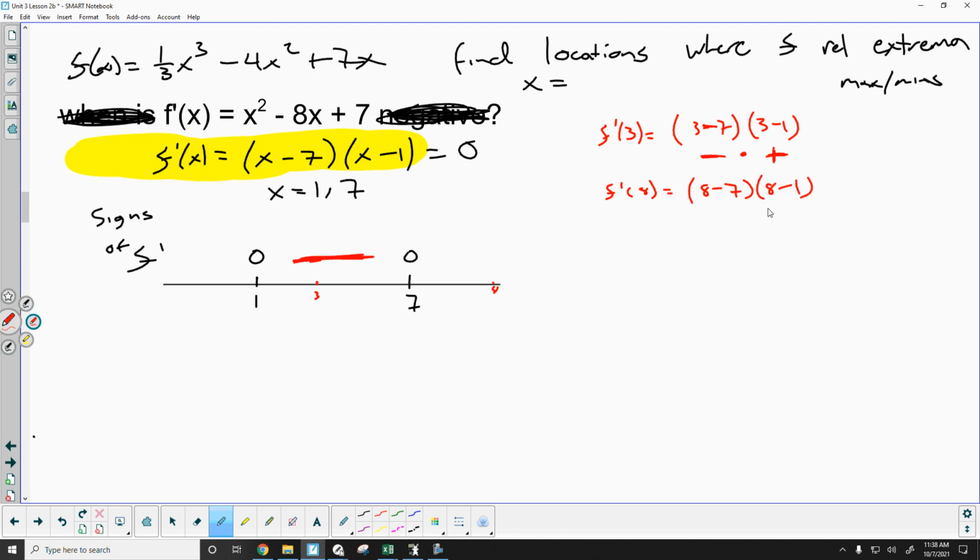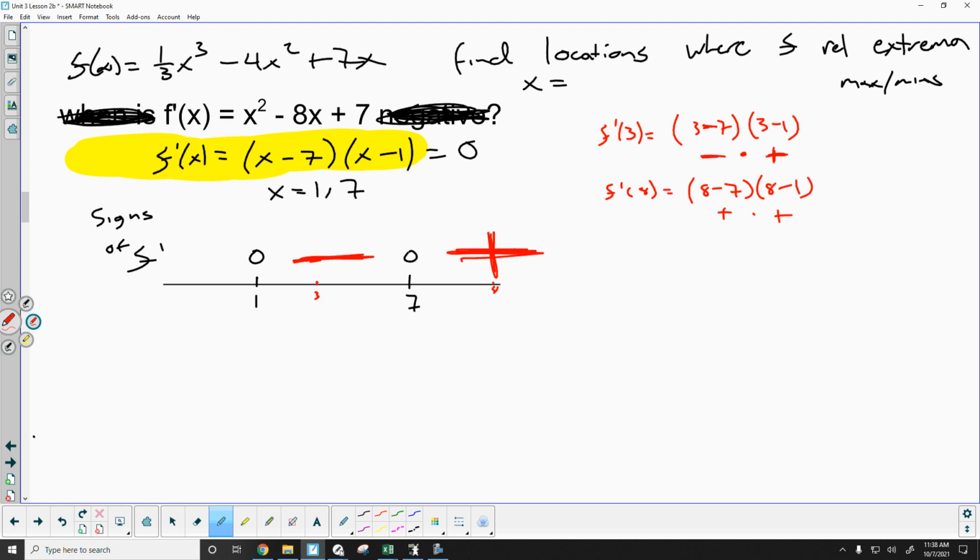But eventually, you'll be able to just look, say, if I plug in 8, I have a positive times a positive. But for right now, do the little work. Positive times a positive. I know it's a positive. Don't put just a tiny positive, because all of the values must be positive, whether it's 7.0001 or 1 million.